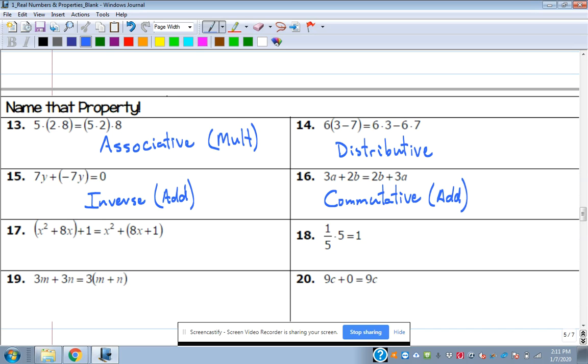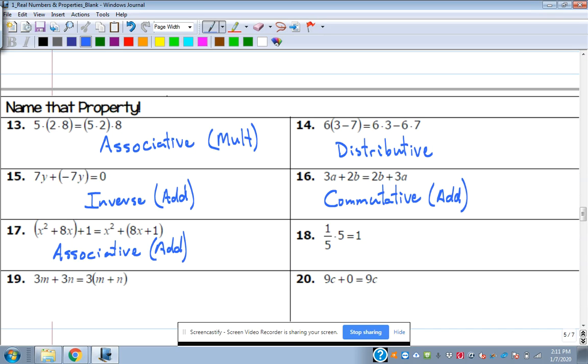It wasn't even close enough to give partial credit on some of it. It was a whole different word. So learn to spell them. All right, 17. Associative. And be of addition this time because it's plus signs between it.